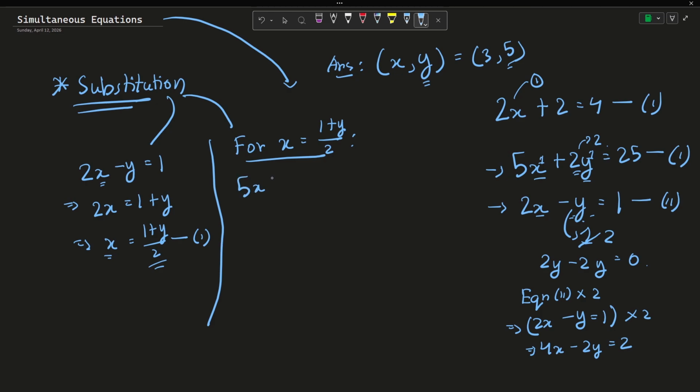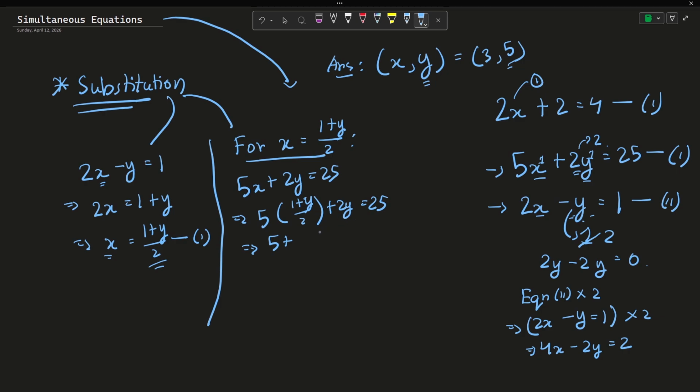Initially our equation 1 is 5x plus 2y is equal to 25. Now if I substitute the value of x, this becomes 5 times (1 plus y by 2) plus 2y is equal to 25. As you can see, we were able to eliminate one of the variables, x. Now we just have to solve for y.